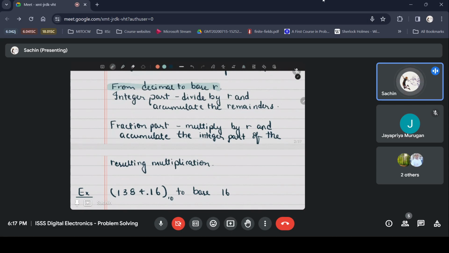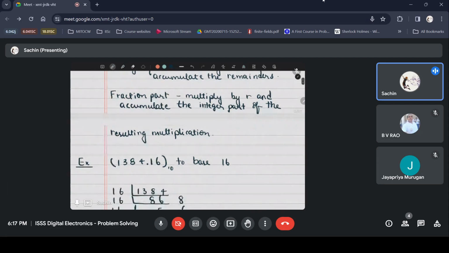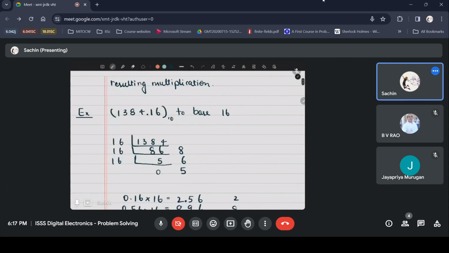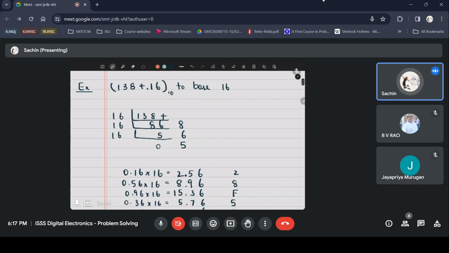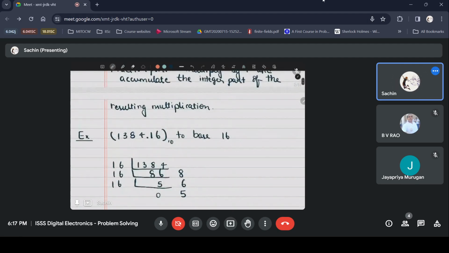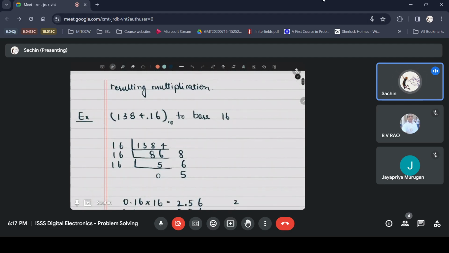And in the fractional part, instead of dividing, you multiply by r and keep accumulating the integer part of the multiplication. So you have, for example, 1384.16 to base 16. You are converting it to base 16, so you have to divide by 16.